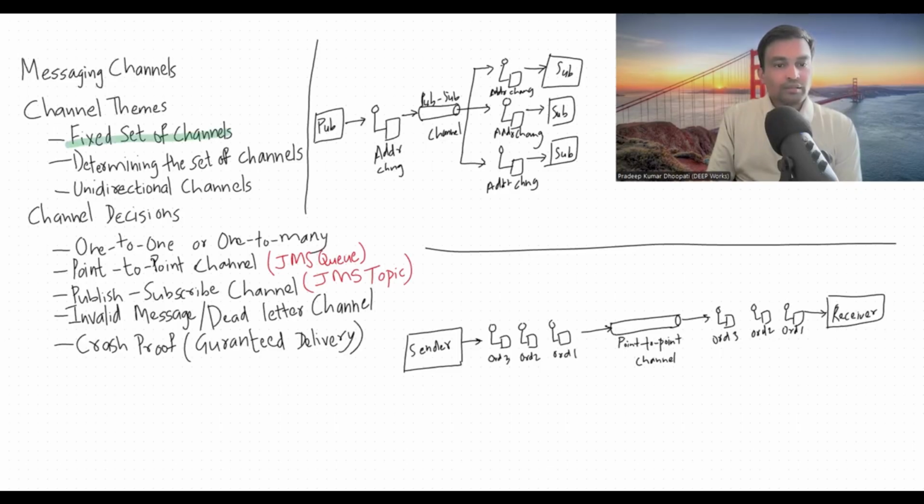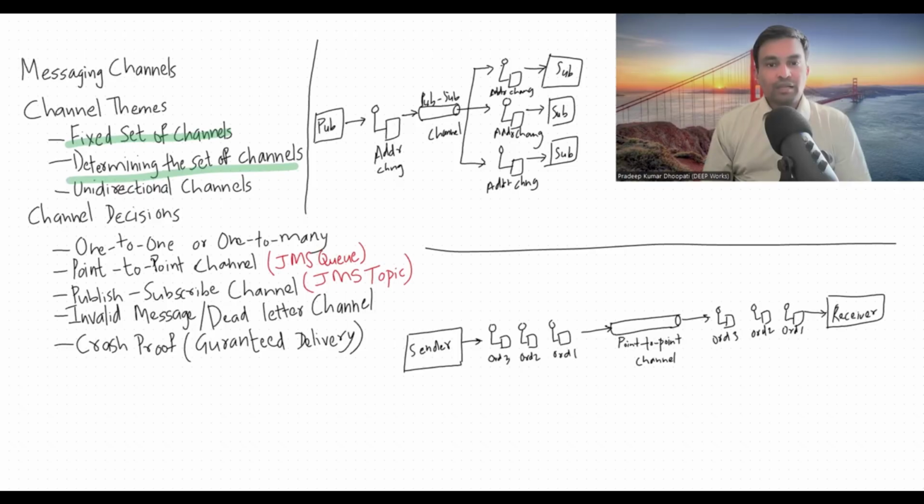The next theme or challenge is determining the set of channels which might be necessary for integrating the applications, and whether it should be decided by the messaging systems team or the app teams.